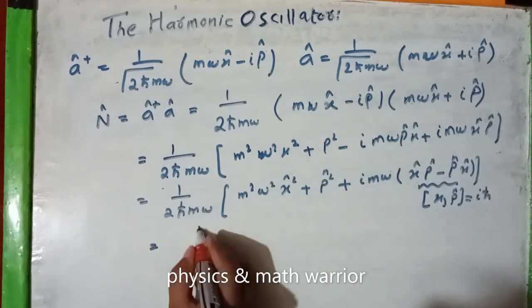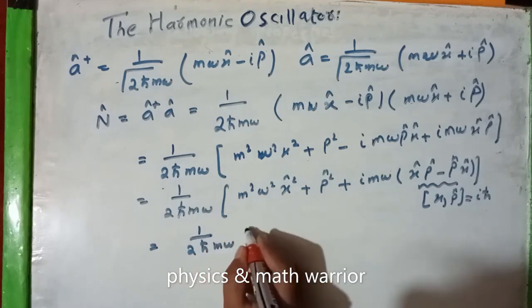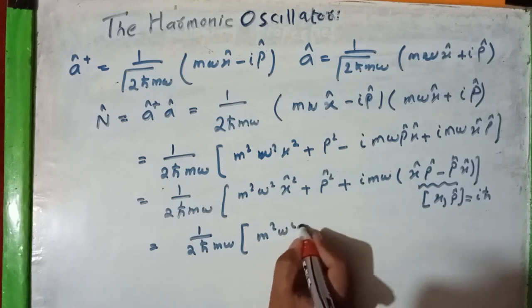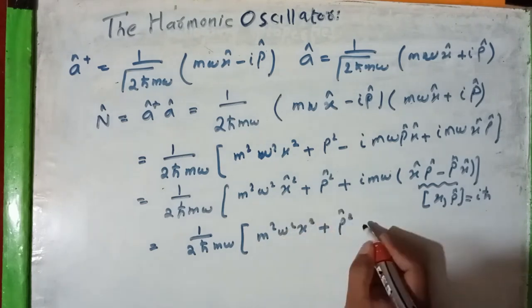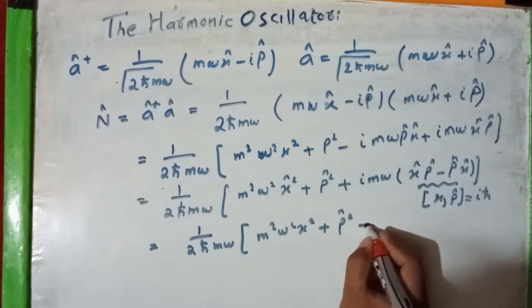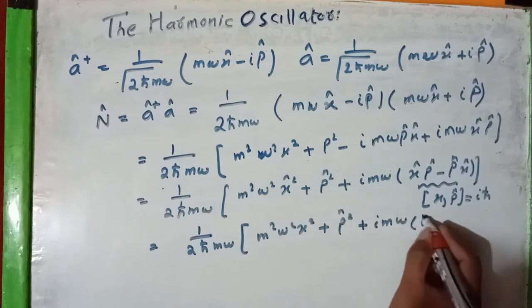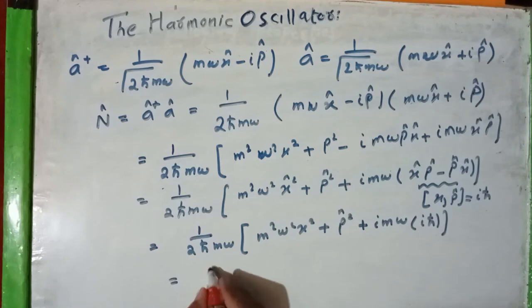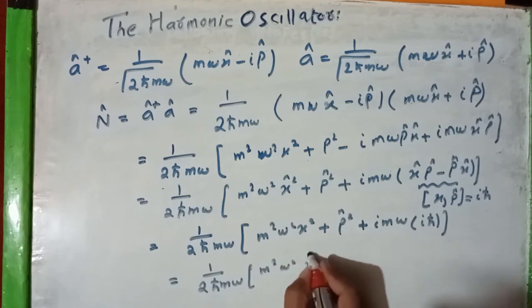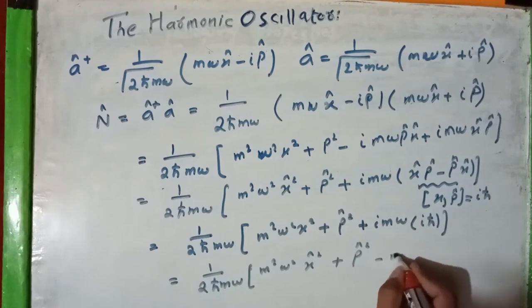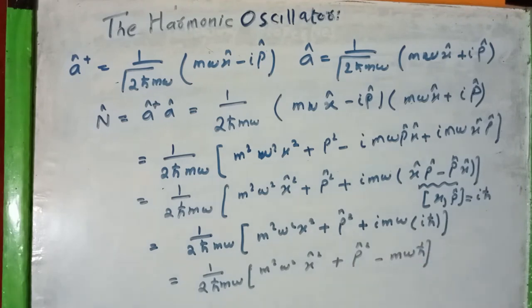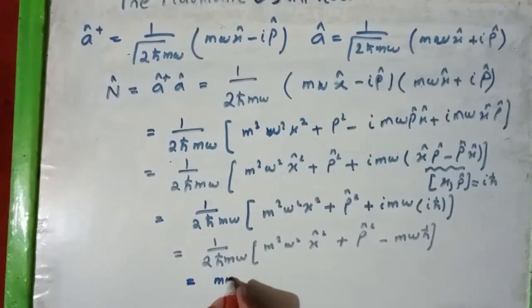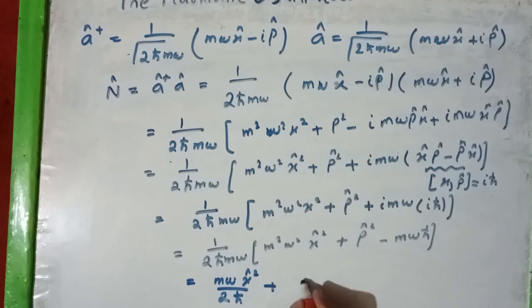So this term is equal to 1 over 2 h-bar m omega multiplied by m squared omega squared x squared plus p squared plus i m omega multiplied by i h-bar, which is equal to 1 over 2 h-bar m omega multiplied by m squared omega squared x squared plus p squared minus m omega h-bar, which is equal to m omega x squared over 2 h-bar plus p squared over 2 h-bar m omega minus 1 over 2.